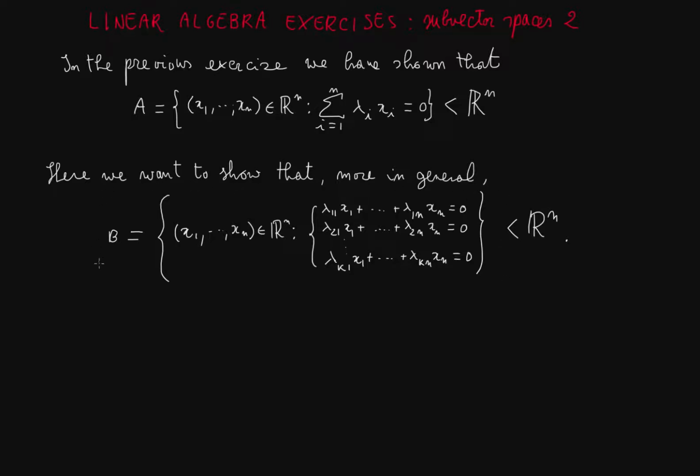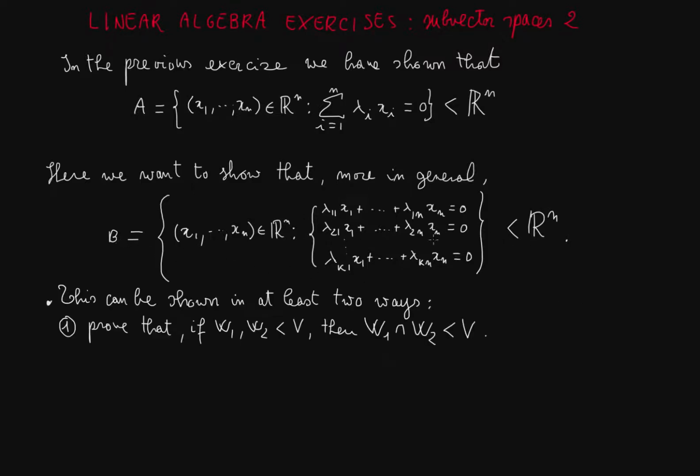We will be proving it after a few theoretical results are shown in the theoretical lectures. But be aware that now we are not restricting to some particular subvector space, but we are just treating them in the broadest generality. So any subvector space of Rn can be written like so.